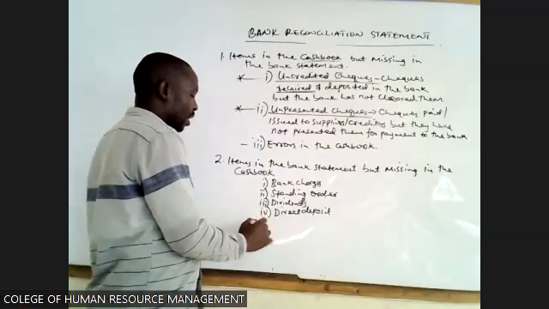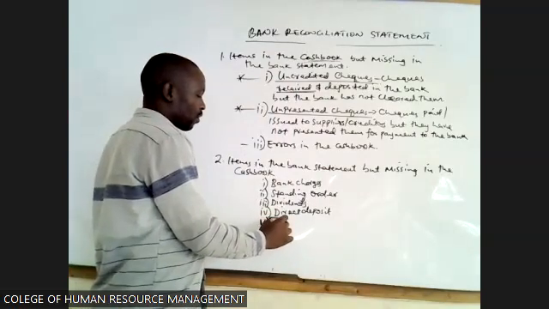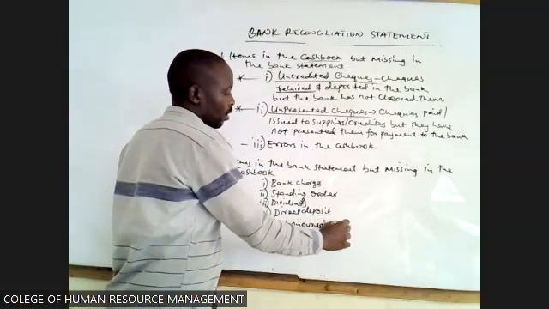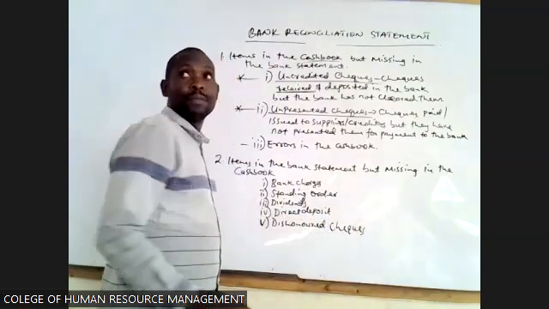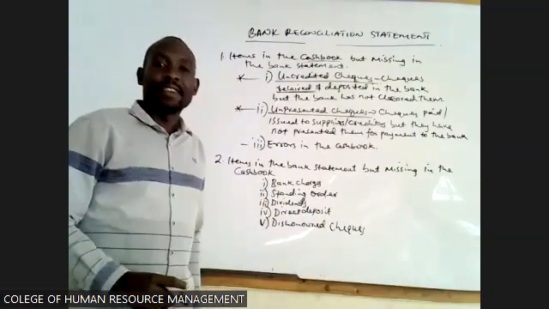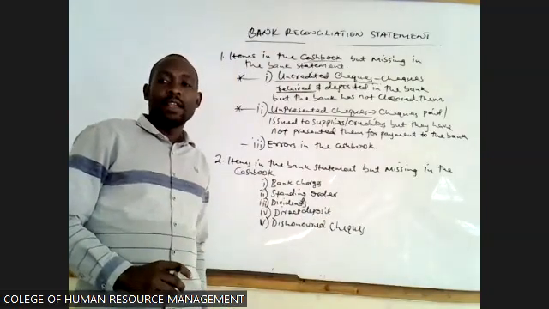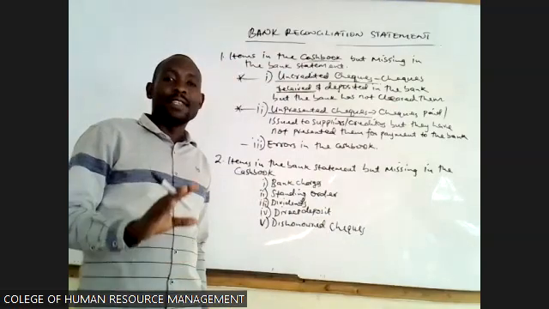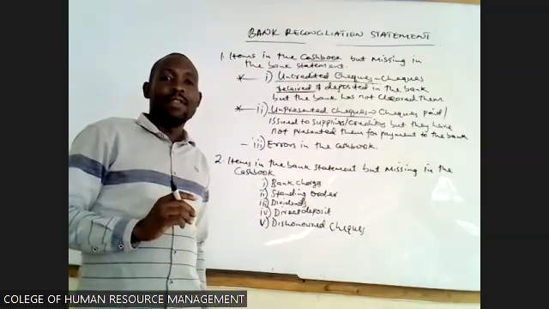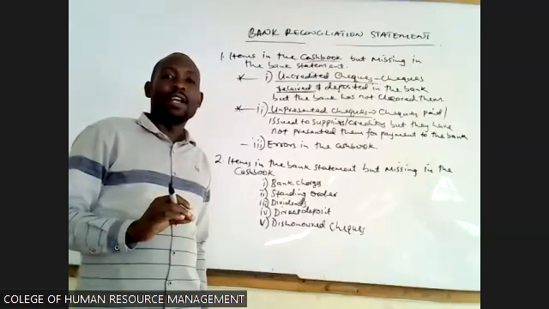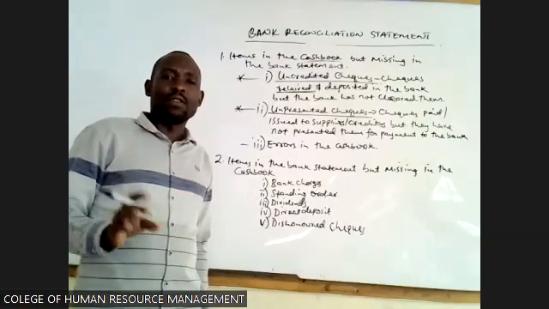We also have what we call dishonored checks. A check is considered dishonored when the bank has rejected it. The moment the bank rejects the check, we normally call it a dishonored check, because of various reasons.